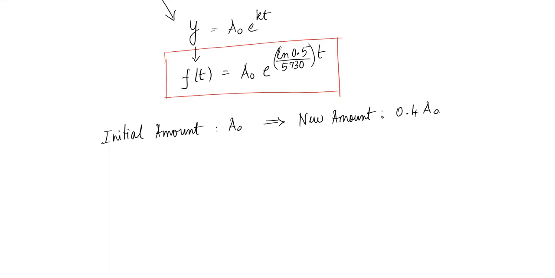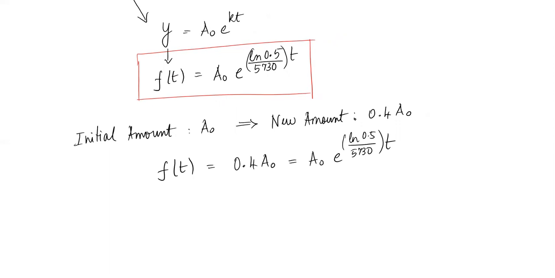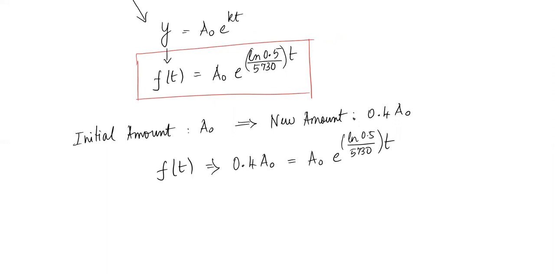Now you can plug this in your f of t. F of t is now 0.4 A naught, which is equal to A naught e power ln 0.5 over 5730 t. Okay. All right, go ahead and solve.